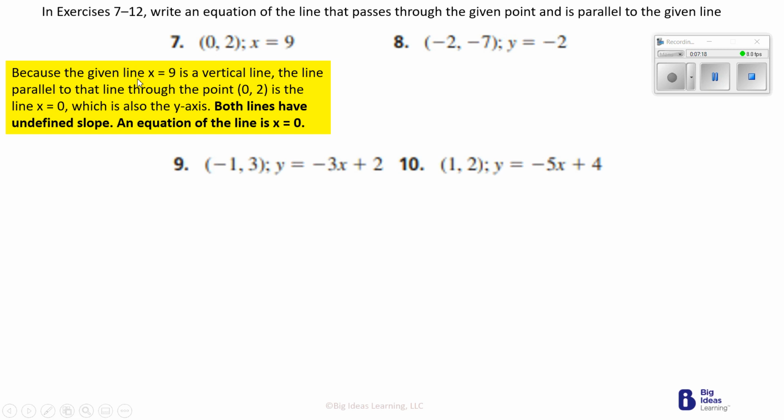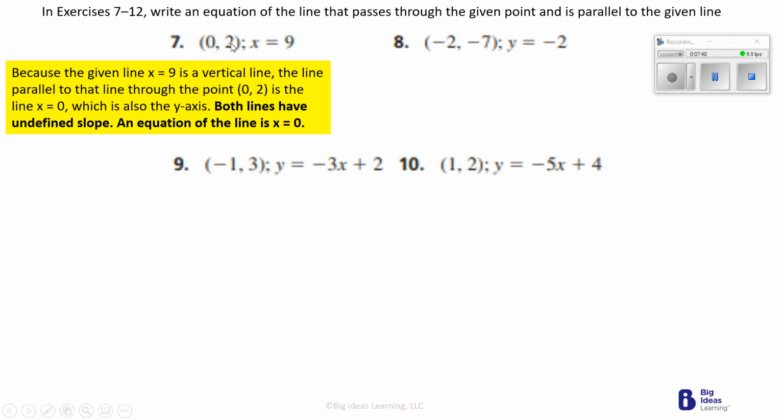Because the given line, looks like they did it a different way, because the given line is x equals, oh, that's right, x is 9. We don't even have to do that, do we? We know that x is 9. It says write an equation of the line that passes through the given point, and the given point is 0, 2, right?